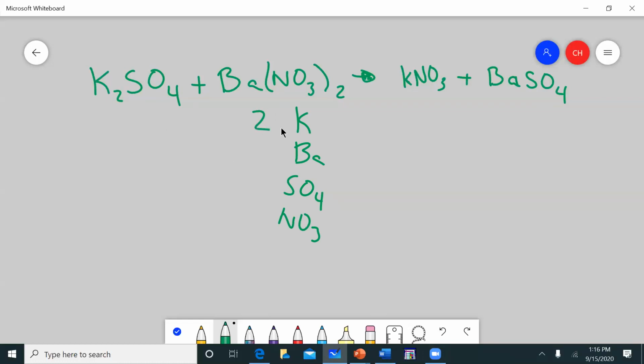So I've got 2 potassiums, I've got 1 sulfate, I've got 1 barium, and I've got 2 nitrates. On this side, 1 potassium, 1 nitrate, 1 barium, and 1 sulfate. So actually not too bad, right? I can start with my metal up here. I'm going to throw a 2 here. That changes this to 2. It changes this to 2. Oh, and we're done.